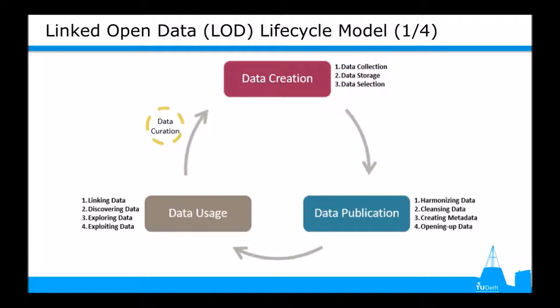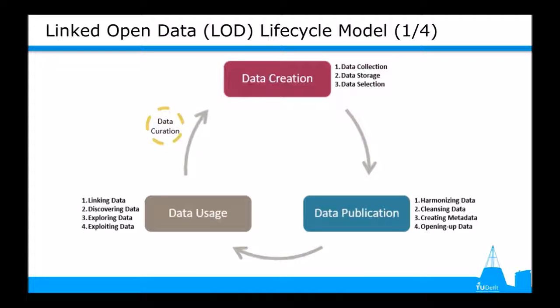Finally, the final stage is the data usage, where we can link data sets. We can expand these data sets to external data sets. For example, probably you are going to use this to create a new business model. We discover data. So if we combine these data sets, then we can easily discover data insights, exploring data and exploiting data.